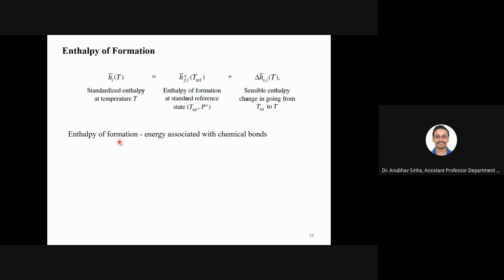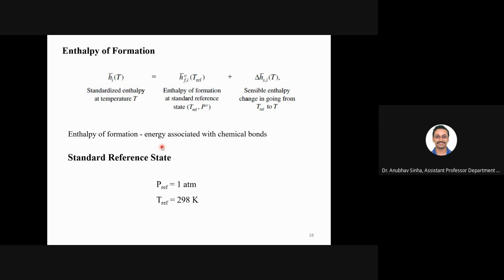Now enthalpy of formation is associated with chemical bonds. When a fuel is burnt, some bonds are broken and some new bonds are formed. That we will discuss in detail in the next chapter. In this chapter we'll go through some calculations of how these bonds are breaking, and what is the energy associated with those bonds.